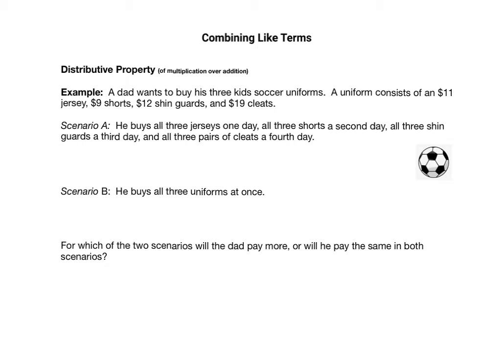In scenario A, he buys all 3 jerseys one day, so he's going to have to pay $11 3 times, so 3 times 11. And then on the second day, he's going to add on 3 shorts, and the shorts are each $9, so he's going to have to pay 3 times $9. Plus on the third day, he's going to have to buy 3 shin guards each at $12 a piece.